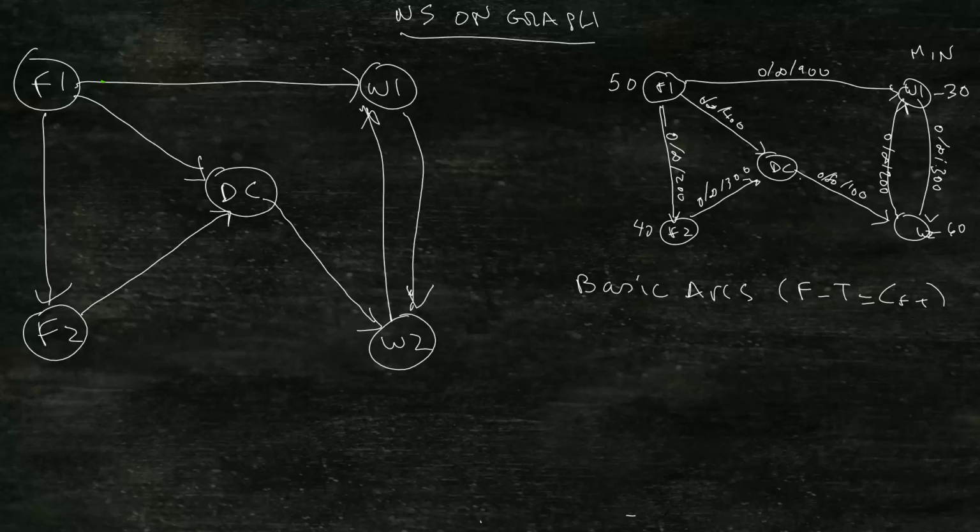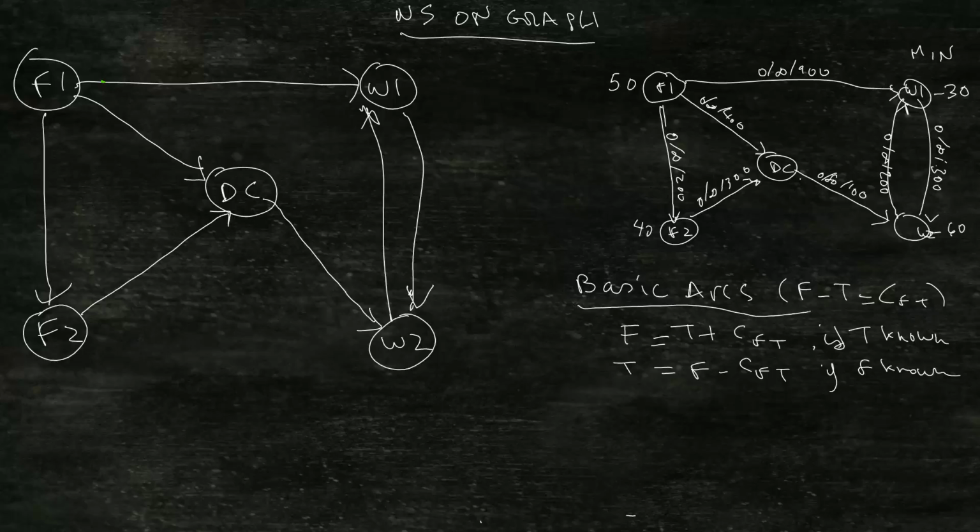Which means that either f is equal to t plus CFT if the to node is known, or t is equal to f minus CFT if the from node is known. So that is the title for that.